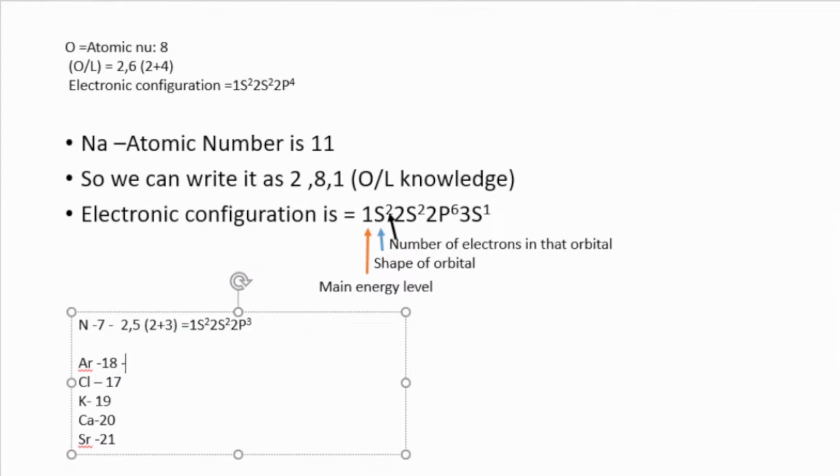For 18, the first energy level contains 2 electrons. For the second energy level, it's 8, then altogether 10, and then again 8. So for this one, we can divide this as 2 plus 6. There are 2 subshells. For this one also, we can divide it as 2 plus 6.